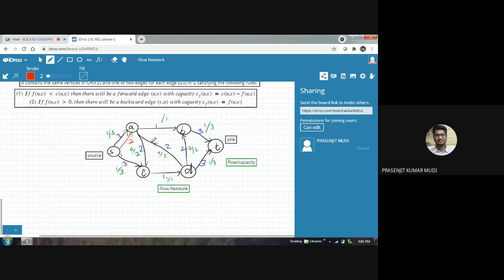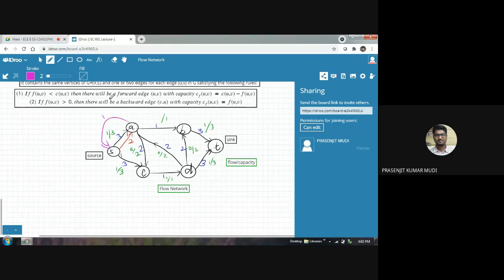And then, is the flow greater than 0? Yes, sir. So there will be a backward edge like this, and its capacity will be the existing flow, that is 1.